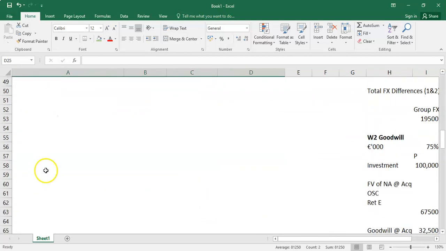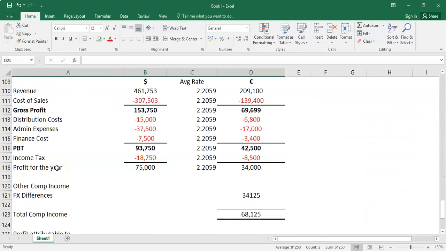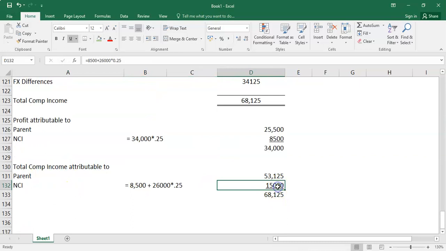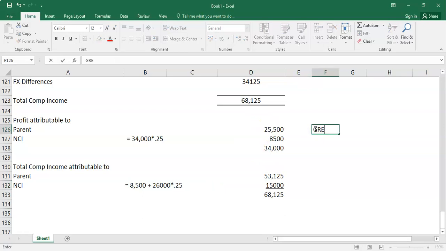So if we come back down here, we're saying total comprehensive income, the 15,000 will go to the NCI, right? Not the 8.5, the full 15 where you combine together. The 25.5 will go to group retained earnings, GRE. This will go to NCI.